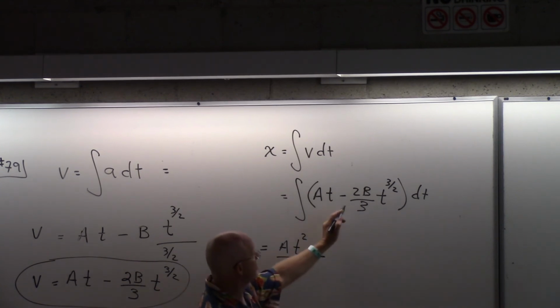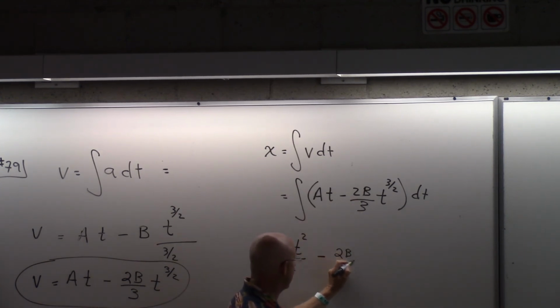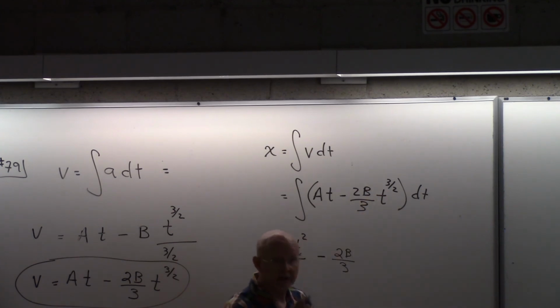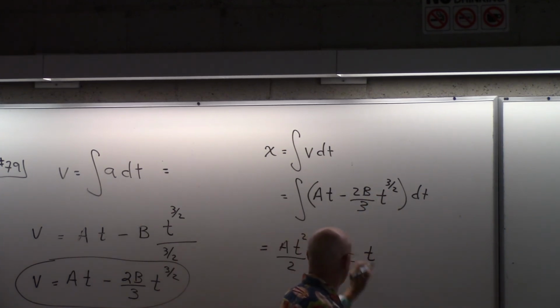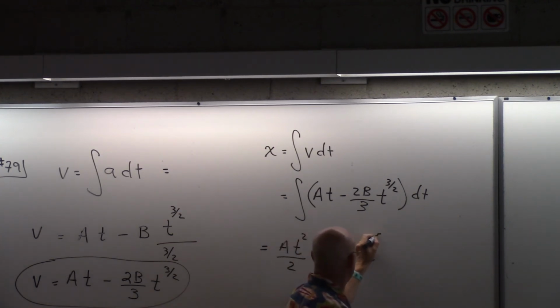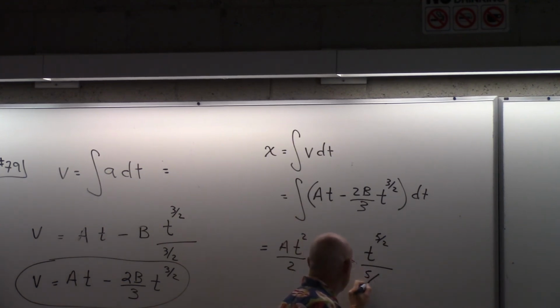And then all of these are constants, the 2, the b, and the 3. So let me pull those out of the integration. And now this t to the 3/2 is a power function. So what do you do? You add 1 to the exponent, so what would it become? Yeah, 5/2, good. And then you would divide by 5 over 2.